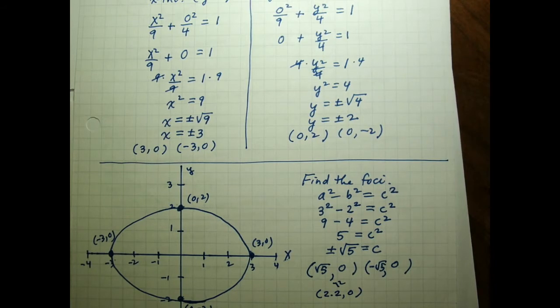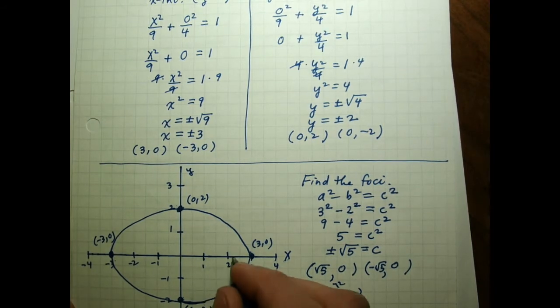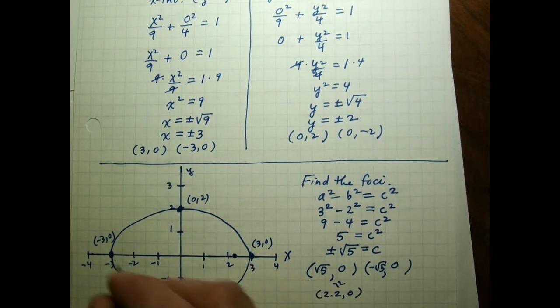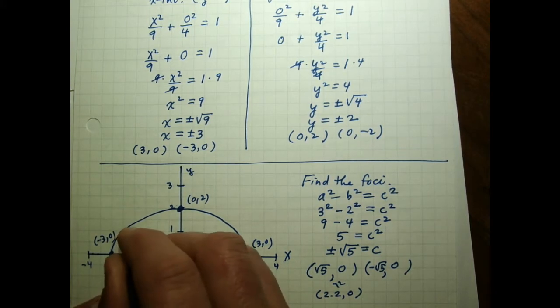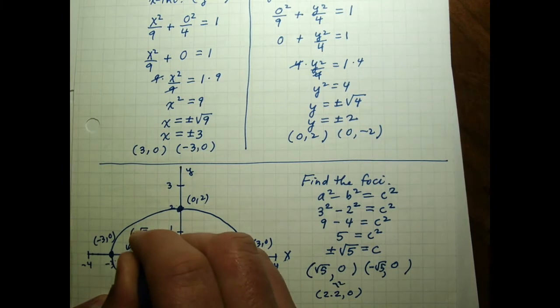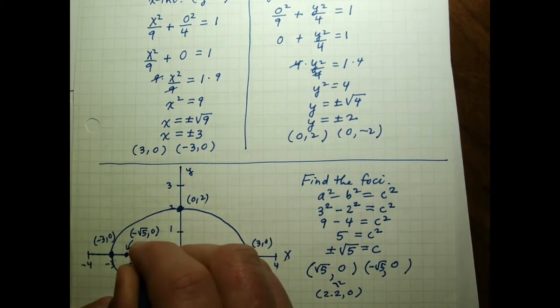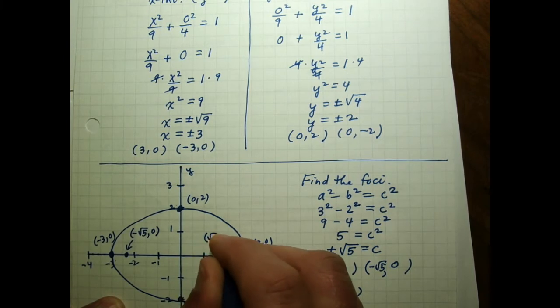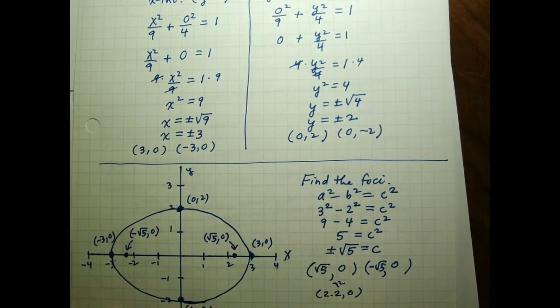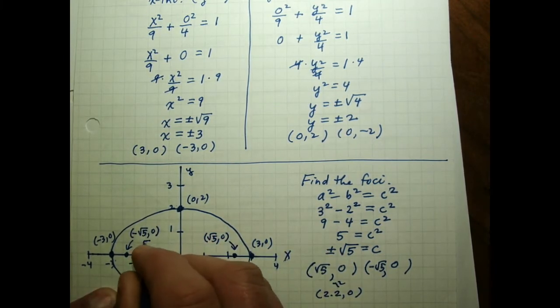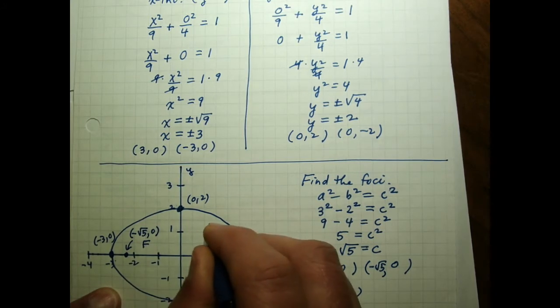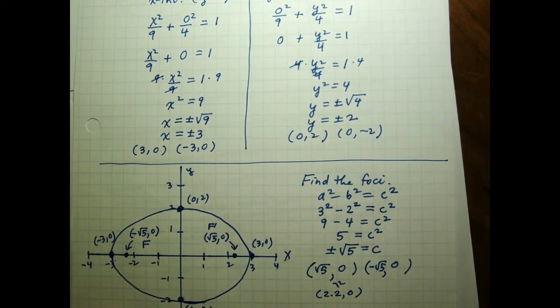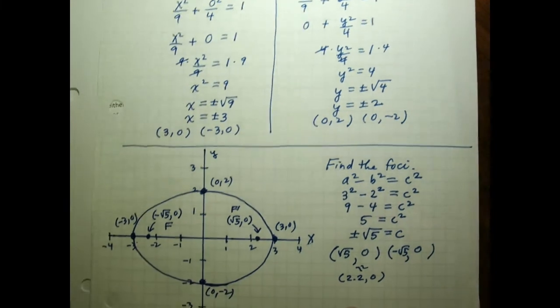And let's go ahead and plot those. So at about 2.2, about negative 2.2, and I'm just going to label this as (negative square root of 5, 0). And this guy is (positive square root of 5, 0). And if you want, you can put an F and an F prime, just to let everybody know that you know those are the two foci.